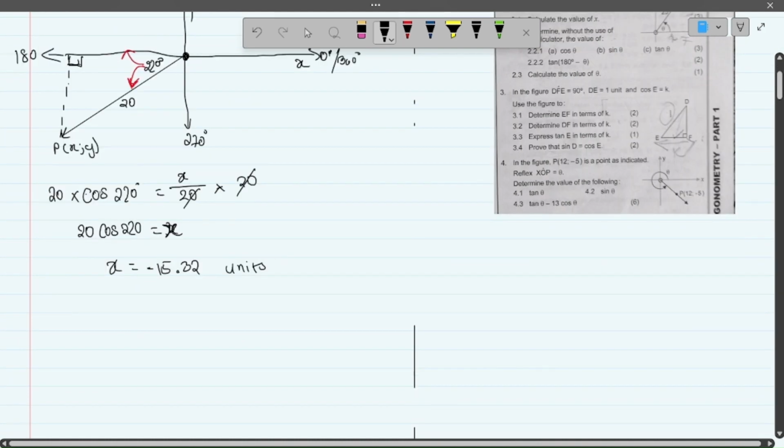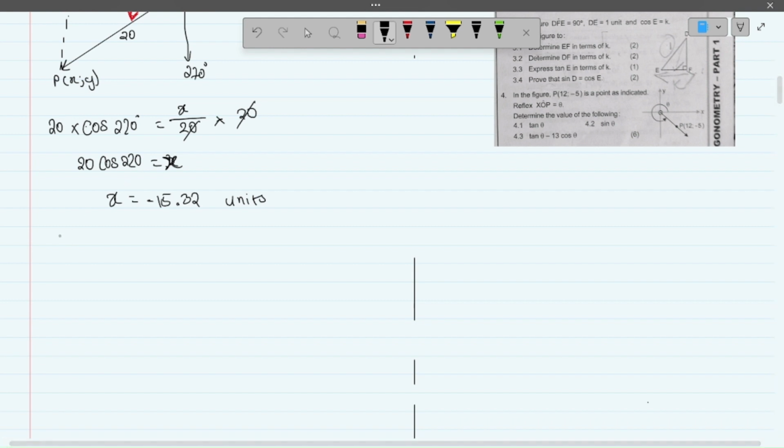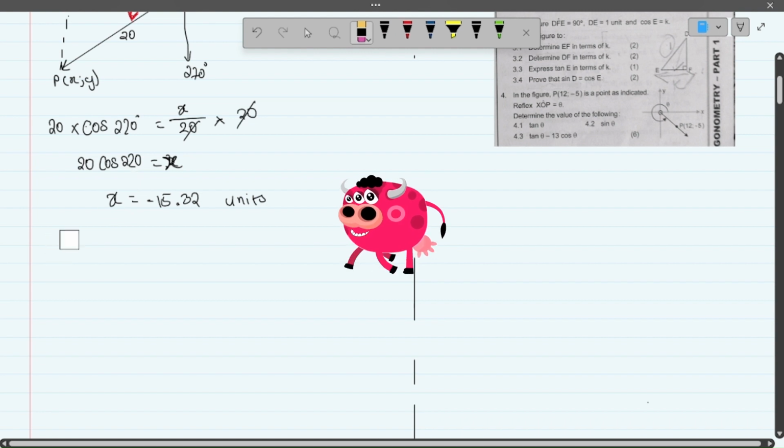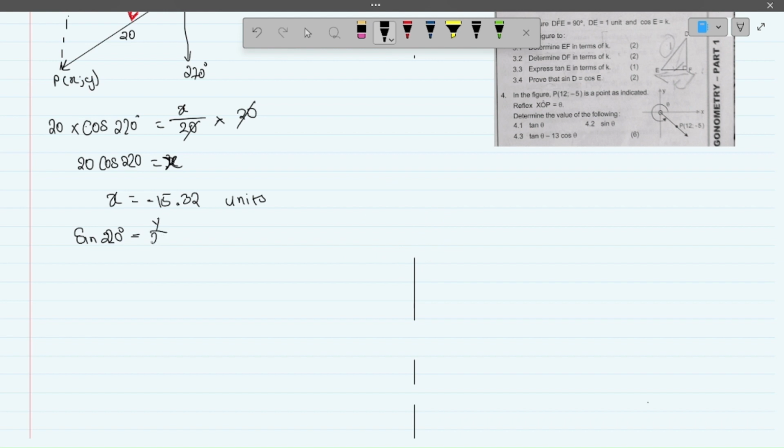So the value of y would be, sine 220 degrees is equal to opposite over hypotenuse.